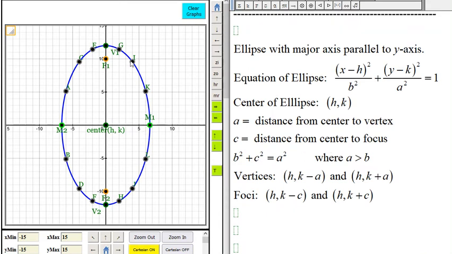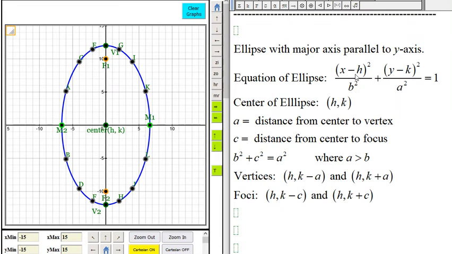Same thing here: if we pick any point on the ellipse, say point G, the distance from point G to focus 1 plus the distance from point G to focus 2 must equal 24, since we picked a constant of 24. If we picked a different constant, say 20, then we get a different ellipse.